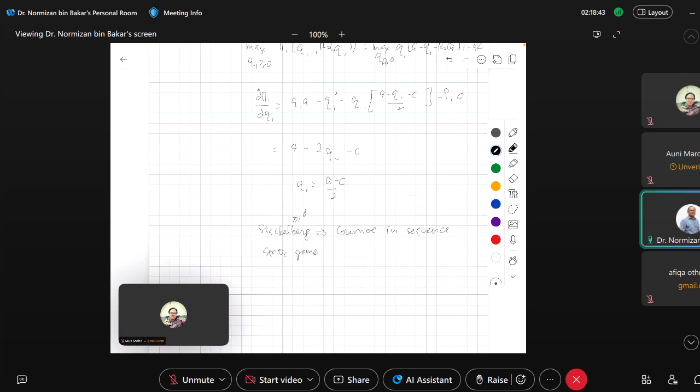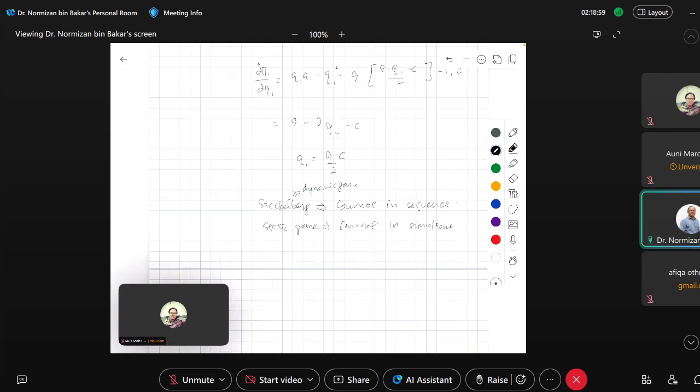So in Cournot, the simultaneous game, we found out that the amounts of production of the two firms, firm 1 and firm 2, differ between the types of game.